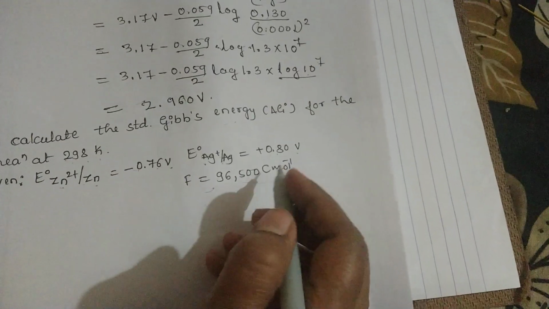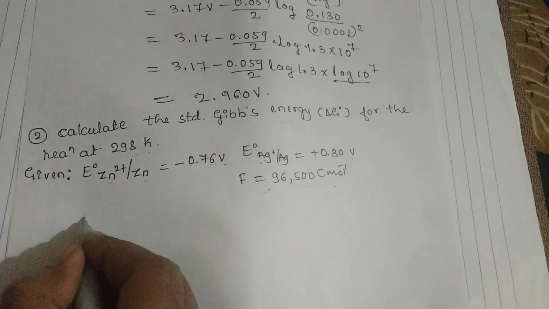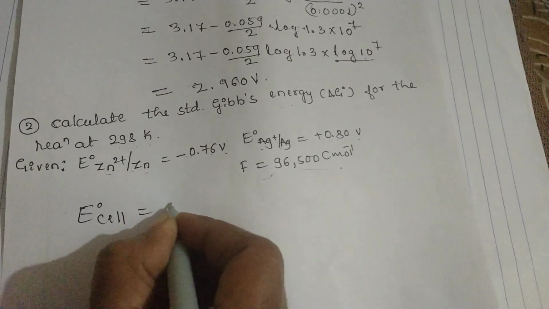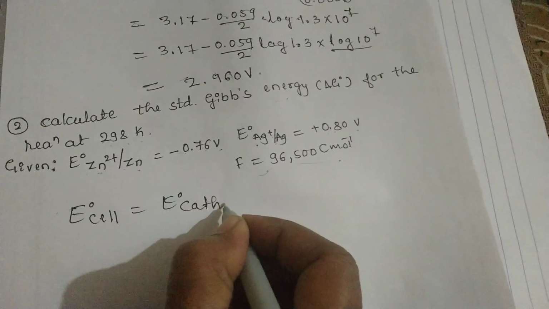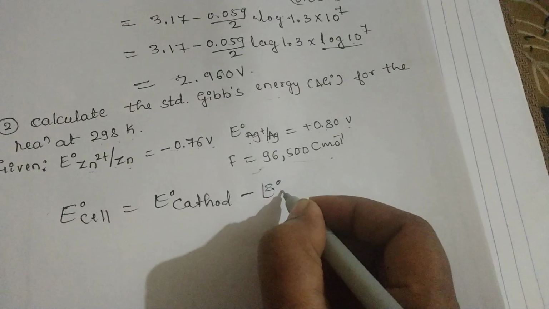These are the given things. Here we have to write the standard EMF of the cell. E0 cell is equal to E0 cathode minus E0 anode.